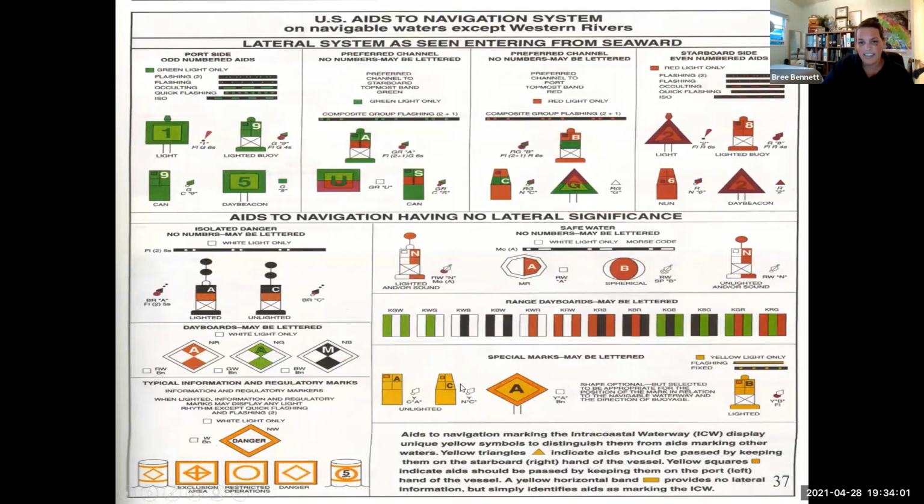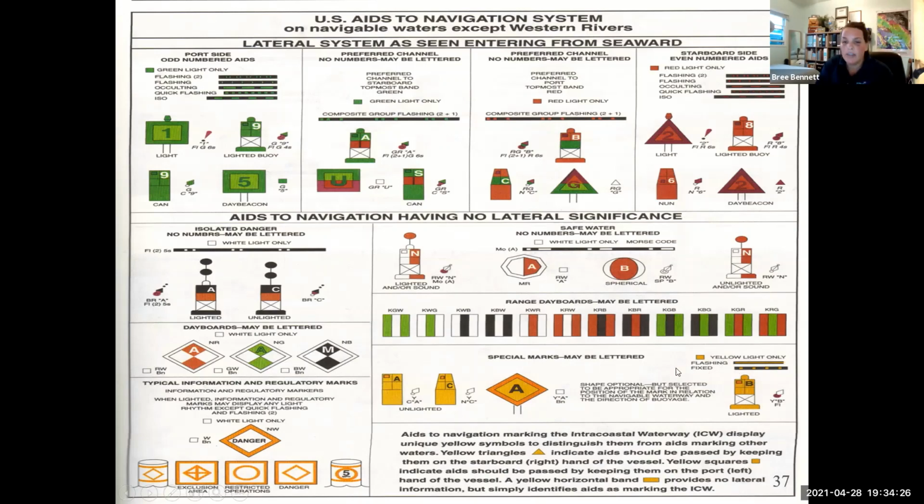Here's some of the special purpose marks. They can be a can or a nun, unlighted buoys with letters, yellow light. Yeah, that's your yellow buoy.